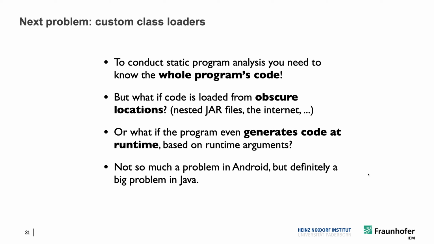Even if the analysis is demand-driven, you probably don't need the whole code, but we still need all the code that matters. And if this contains generated code and custom class loaders and so on, this might still be a problem. So the question is, what if code is loaded from what I call obscure locations, right? Locations we don't really know much about, from which we can't easily inspect classes.